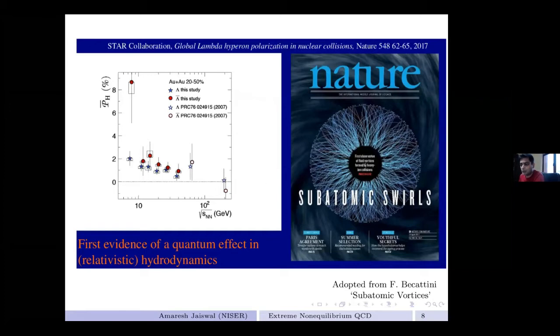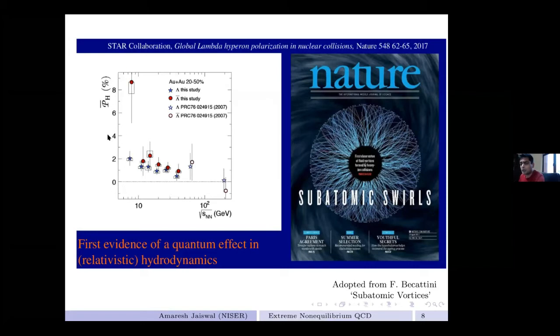Subatomic swirls is what they are called, and the first evidence of quantum effect in relativistic hydrodynamics. Hydrodynamics, the way we formulate it, is mostly a classical treatment. Spin polarization observables, spin, is a quantum phenomenon. So it seems like this is the first evidence of quantum effect in relativistic hydrodynamics.